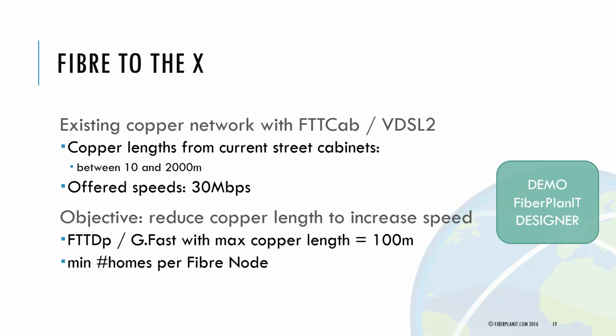Now, in FiberPlanIT, you can also have an additional setting to make your scenario economically viable. So you can specify the minimum amount of homes that you want to place on a fiber node. And we'll have a look in the demo at what this looks like.